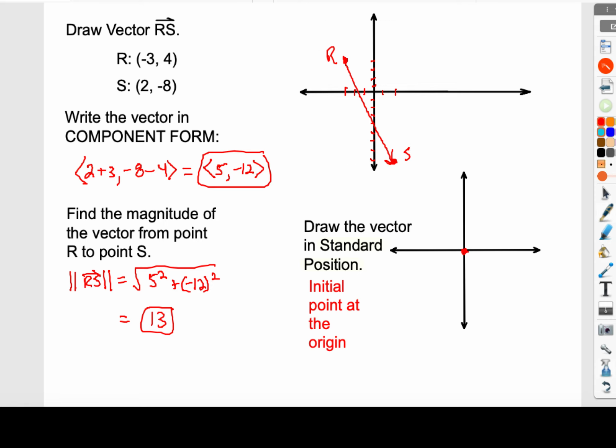So I'm going to draw it in blue. I'm just going to trace this again. If I follow that vector, let's see if I can grab hold of that blue vector and just draw it again from 0, 0. That would essentially be our vector in standard position. It's 5 units to the right and negative 12 units down. Down here.